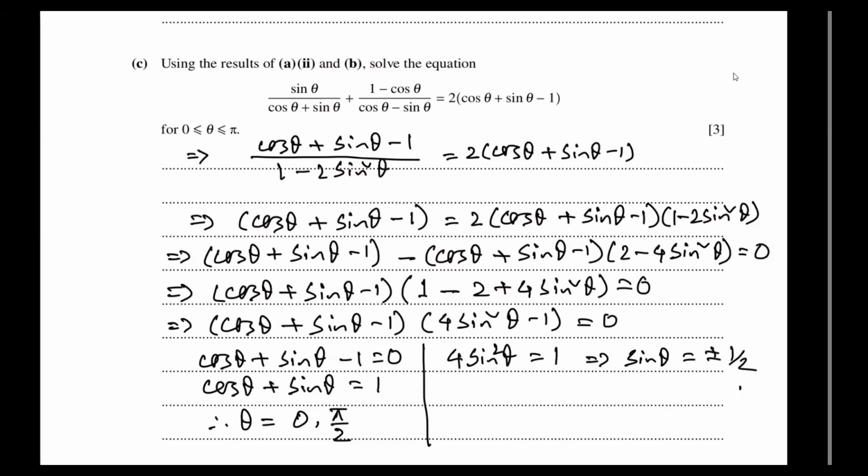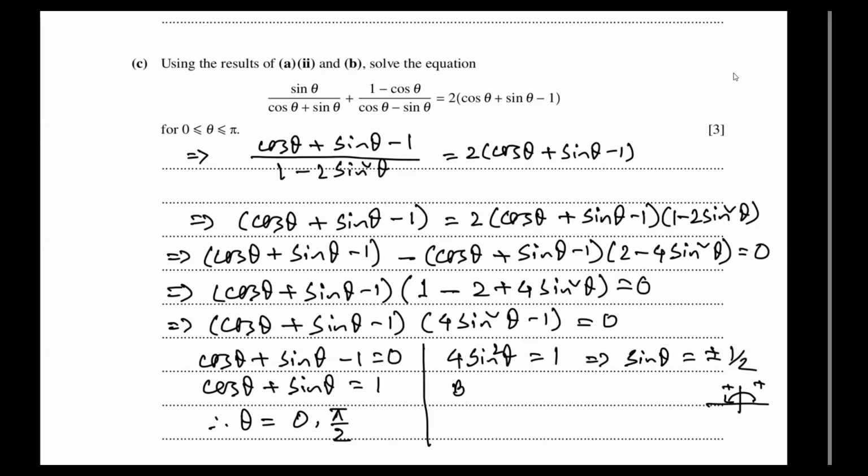And the interval is 0 to pi. So in this interval, sin is positive, so negative is not working here. Although sin theta can be minus half, we do not get any value of theta for this, because sin is negative in the third and fourth quadrant, and third and fourth quadrant is not included here.